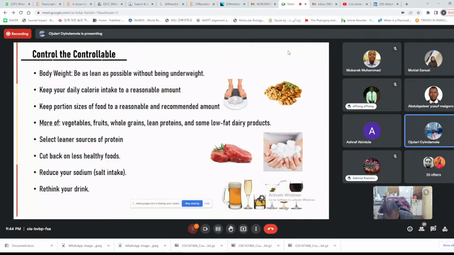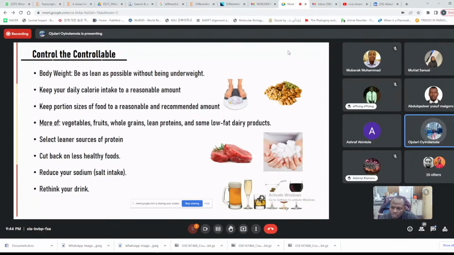Now, how can we prevent this cancer, or even prevent it from happening, which we have partially discussed? And if it has happened, or if we feel it has begun in the body, how can we control it?